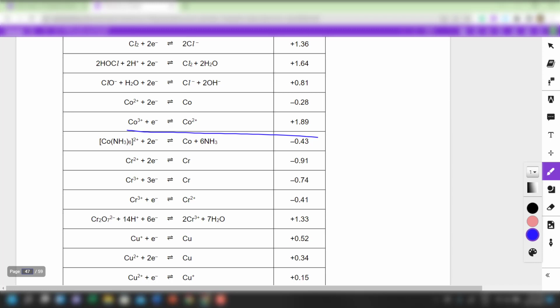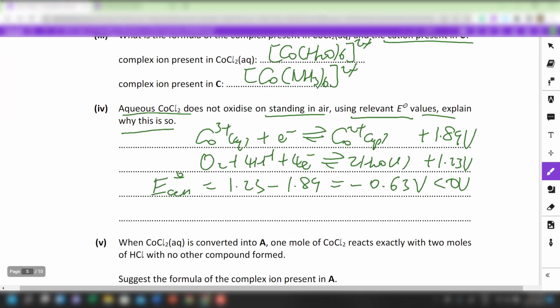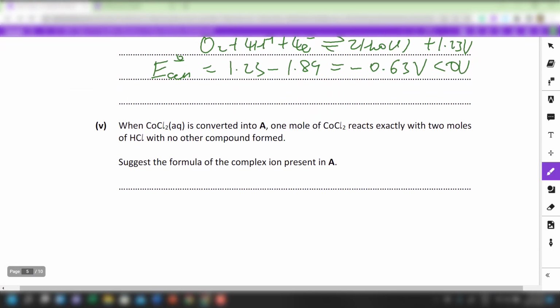So that should give you a clue that after ligand exchange, the reduction potential value changes as well, and we have talked about this in our earlier lectures, or in some of the data booklet discussion. So if you are in doubt, maybe you can go back and review some of those videos.